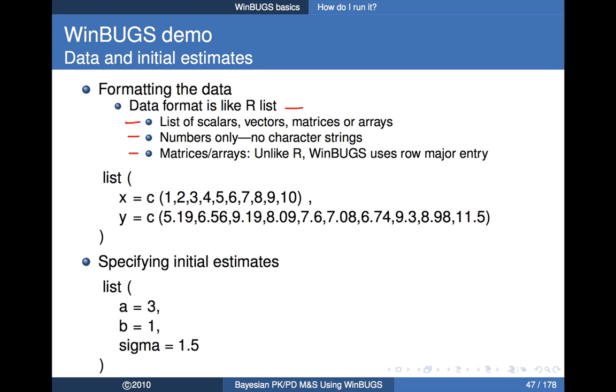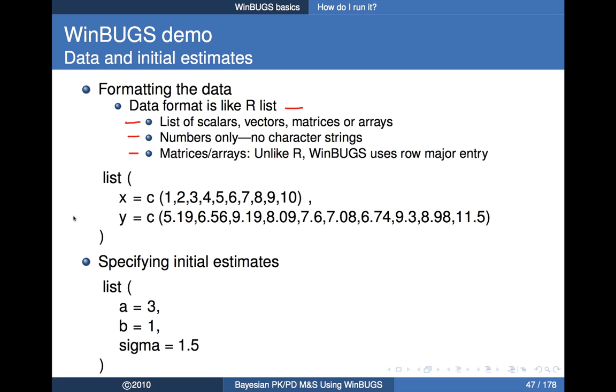So it stores it by column: you first get all of the first column, and then below that gets placed the next column, and so on. WinBugs does just the reverse. It's the rows which are stored adjacent to each other in the computer. And for some calculations, it's important to know that.